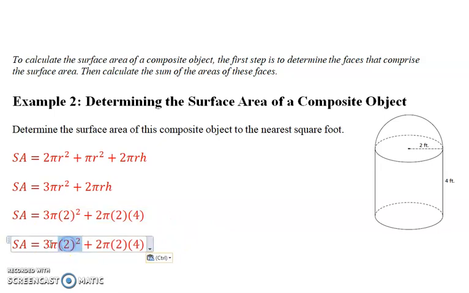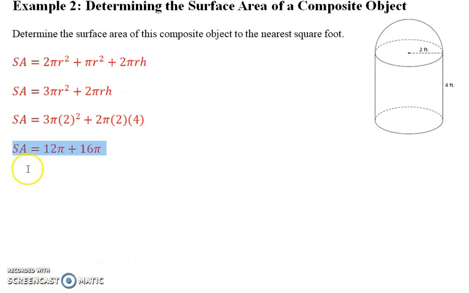So 2 squared is 4 multiplied by 3 is 12 pi, and then 2 times 2 is 4, and we have 16 pi here. 2 times 2 is 4 times 4 is 16, so we have 16 pi. We add the two of those together, and we get 28 pi. Right? 16 plus 12 is 28, and they both had pi, so they're considered like terms.